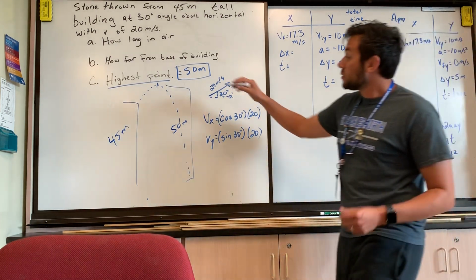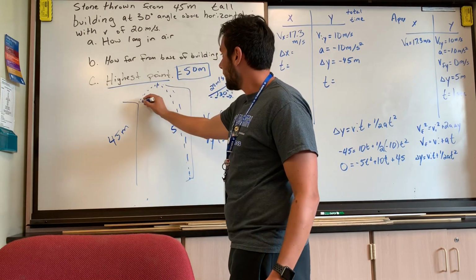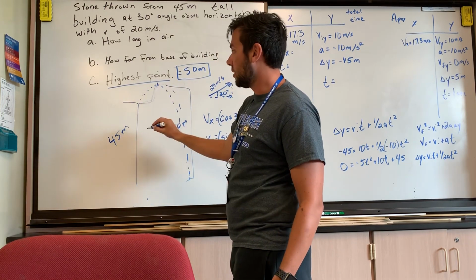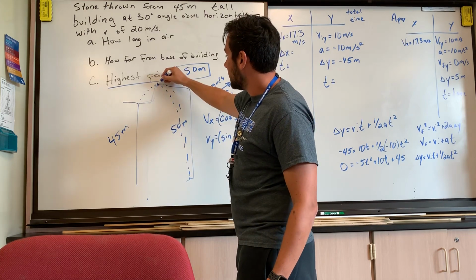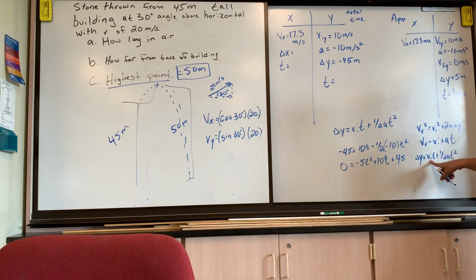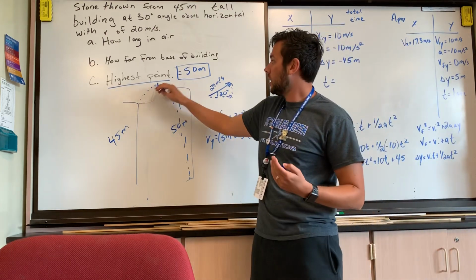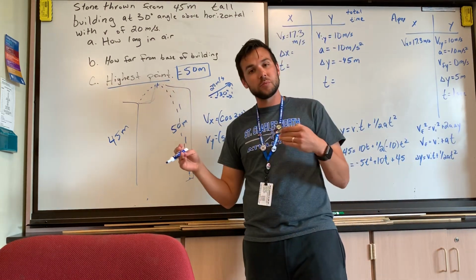But now, since I'm only talking about the part that it's falling down for, because I already found this time here, I can say my initial velocity is actually 0, because I've cut the problem not necessarily in half because it's not symmetrical, but I've taken the upward part and downward part and kind of split them.